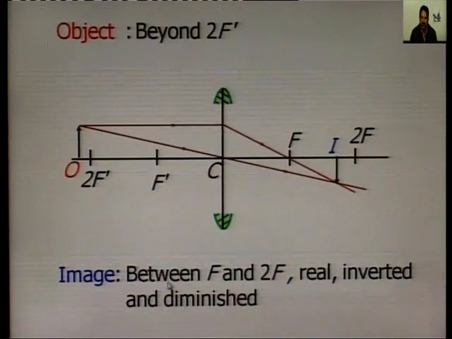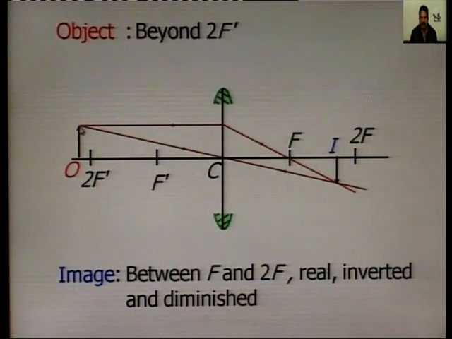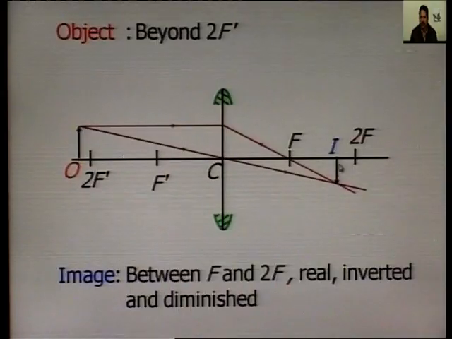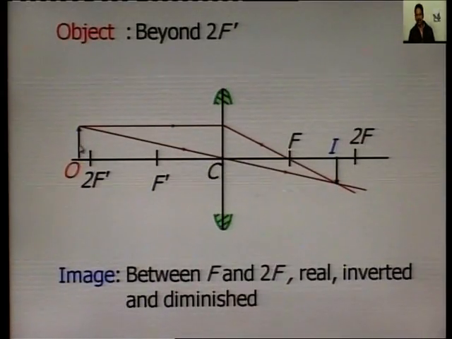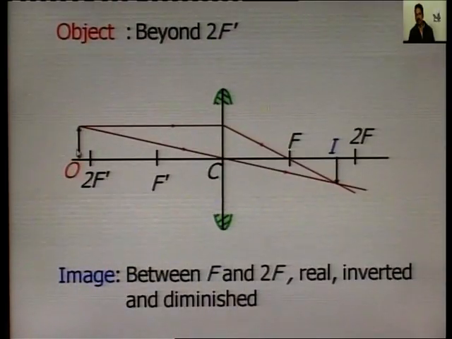So, image formed is between f and 2f, real, inverted, as you can clearly see the rays of light coming from the head of the object, they meet at this point. So, the image formed will be inverted, and size of the image you can clearly see is smaller than the size of the object.